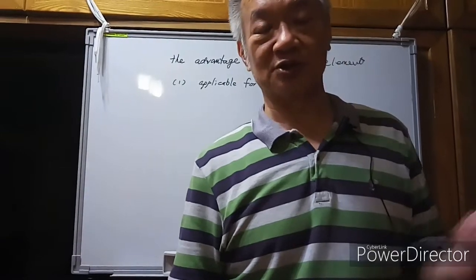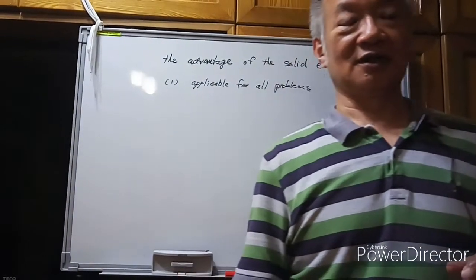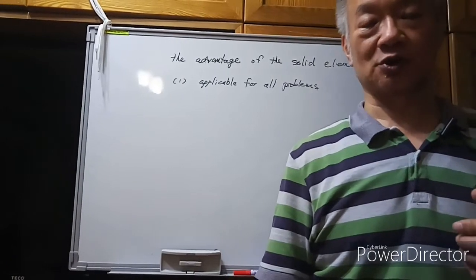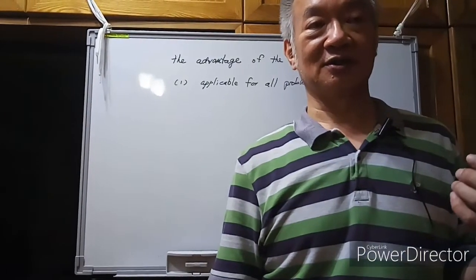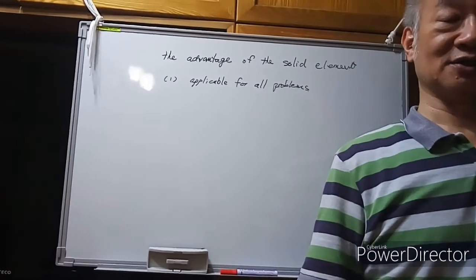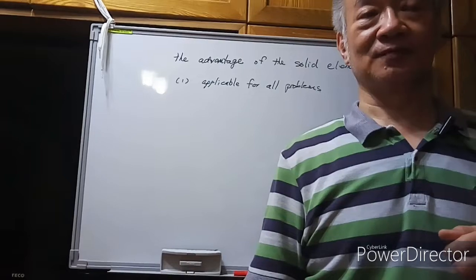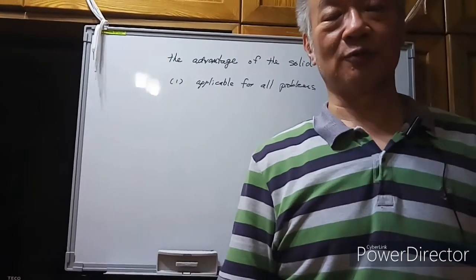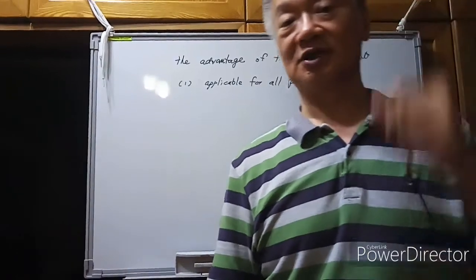But if you use the solid element, there is no restriction for the shape of the structure. Also, it does not have a restriction for the direction of the applied loadings. You can consider all possible structures and all possible applied loadings.